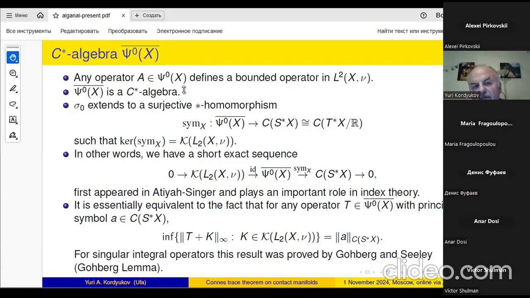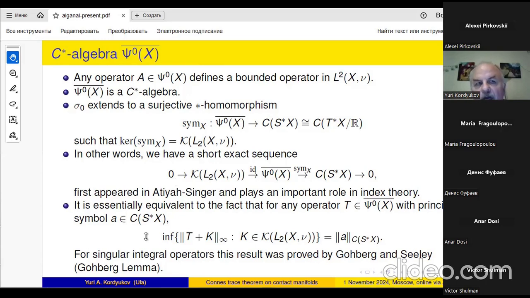For singular integral operators, this result was proved by Gohberg in 1962, and sometimes this fact is called Gohberg's lemma. But then Seeley has another proof in a paper of 1966, and this was really done for index theory, the motivation for Atiyah and Singer, of course.